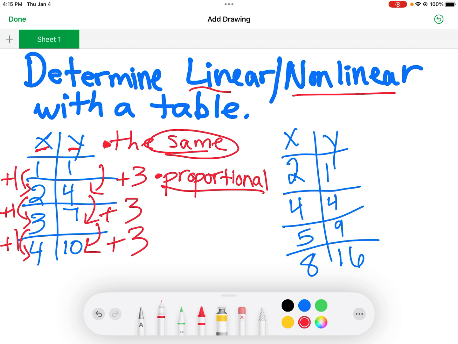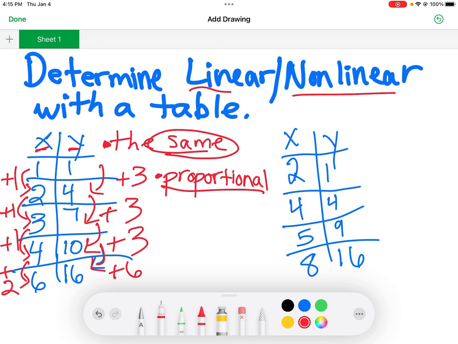And I want to show you this proportional piece really quickly. So let's say that this x was 6. Well, that would mean that my y was plus 2. The way for this to stay linear, then my y would need to be 16, because from 10 to 16 is plus 6.